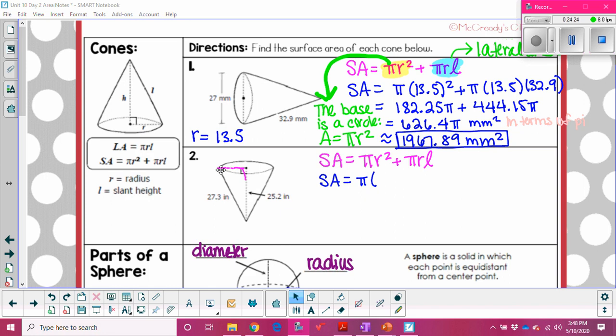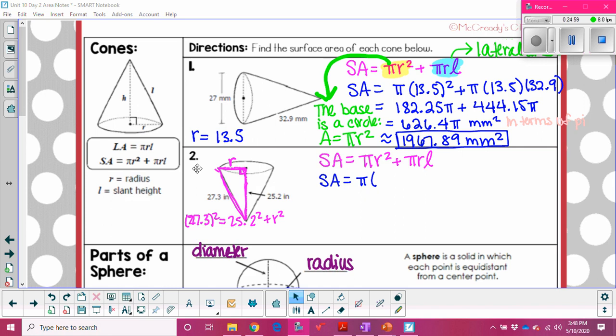I know this piece is 25.2 and this is 27.3. I need this part up here because that will be my radius, so I'll label it R. I use the Pythagorean theorem: 27.3 squared equals 25.2 squared plus R squared.